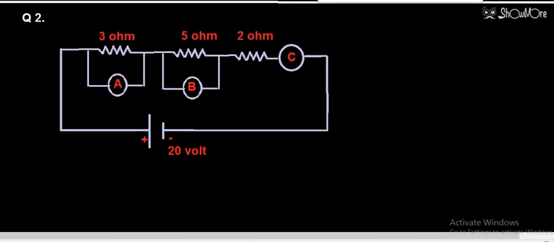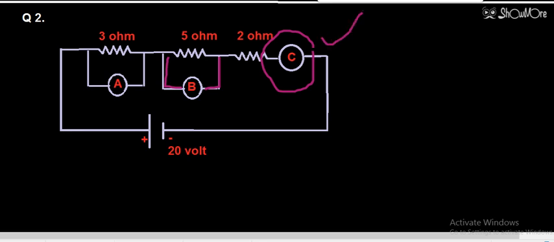This 3 ohm resistance is connected with A in this way. So that means A is connected parallel to 3 ohm, B is connected parallel to 5 ohm, and this C is connected in series.